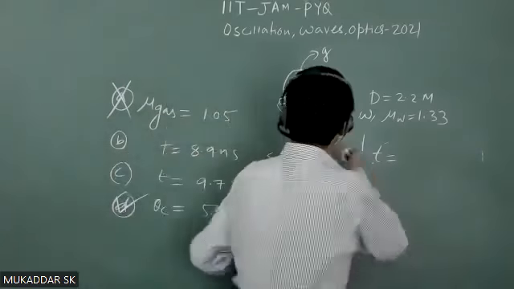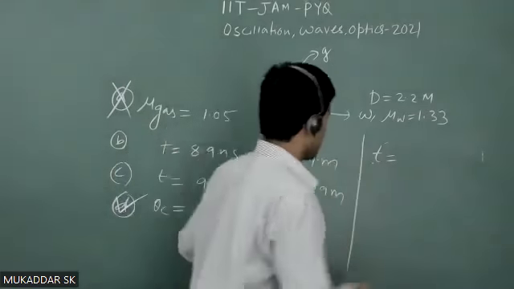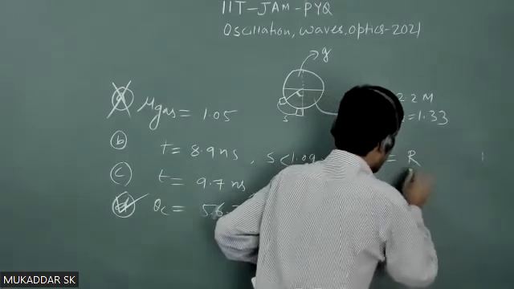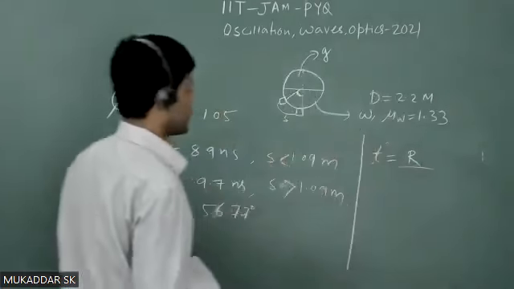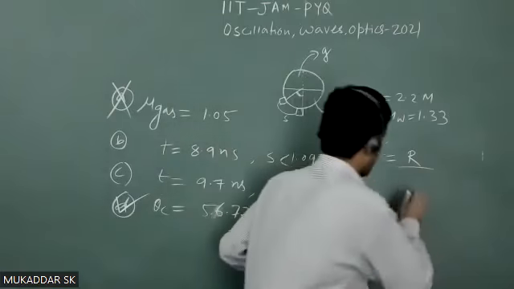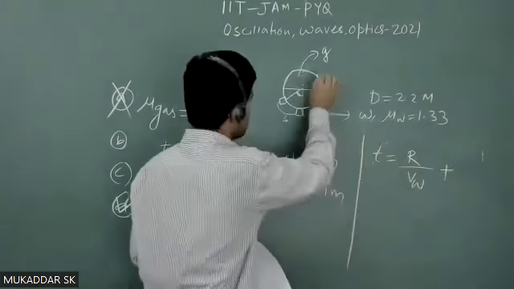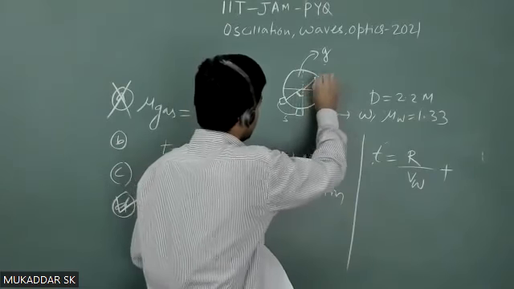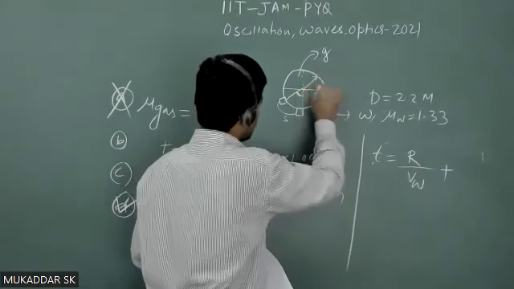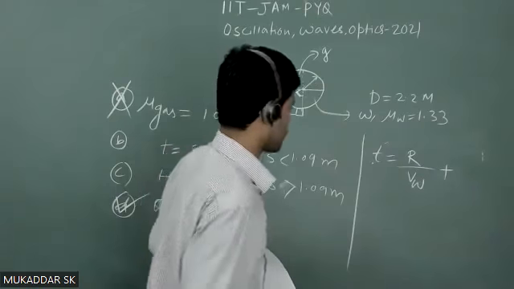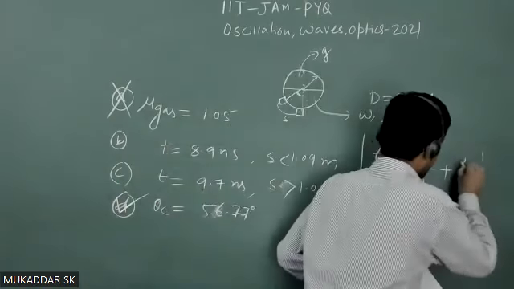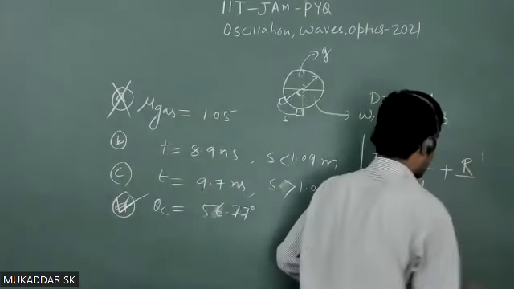So total distance, how much will it be? Total distance will be exactly the radius of the cylinder divided by velocity of light in water. Then to reach this rim, it will travel also through gas. How much distance will it travel? Again, it will travel r distance. So to travel r distance in gas, how much time will it take?